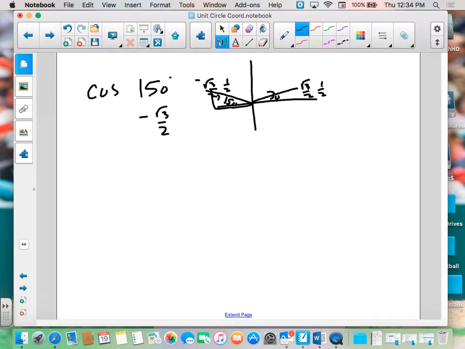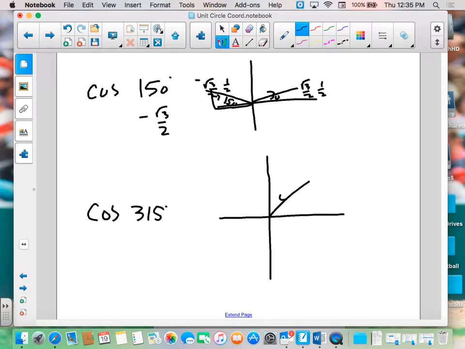So my answer is negative root 3 over 2. Let's say we wanted the cosine of 315 degrees. I think about the first quadrant. 45 degrees is root 2 over 2. Well, 315 is down here. It's got the same values, but the y is negative.